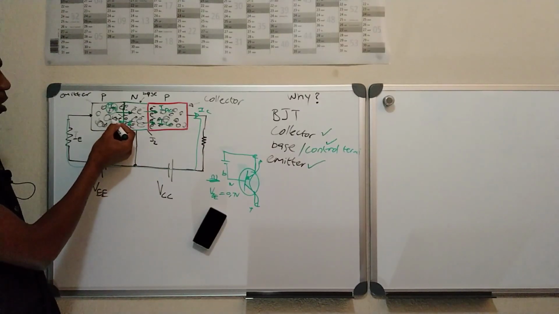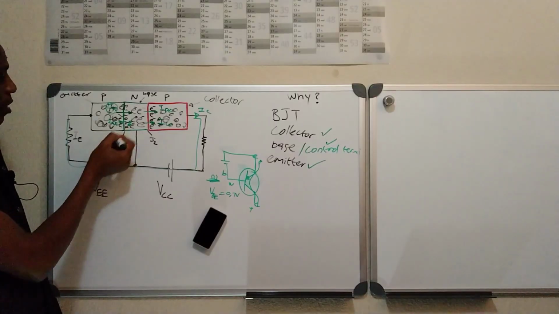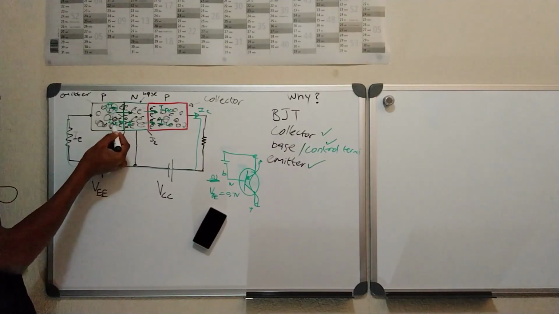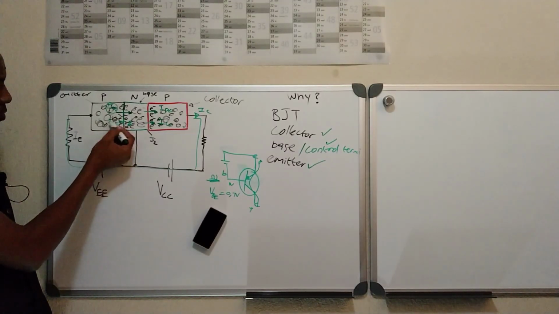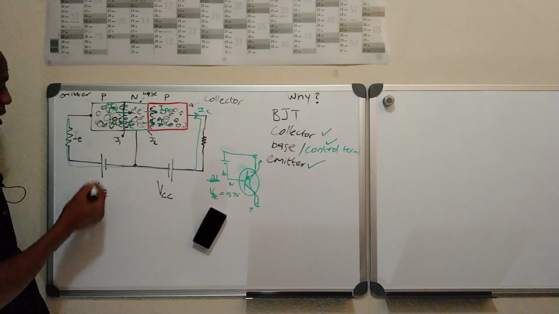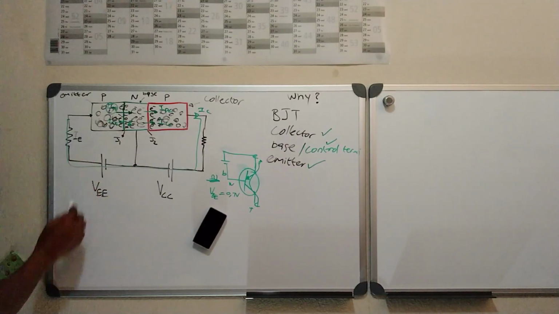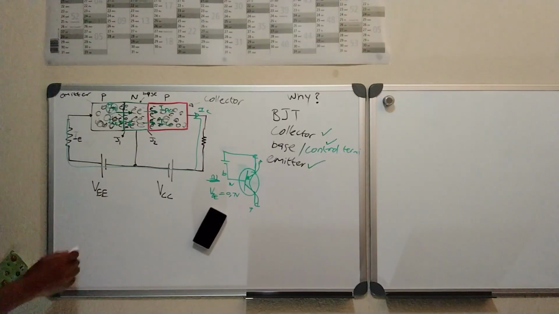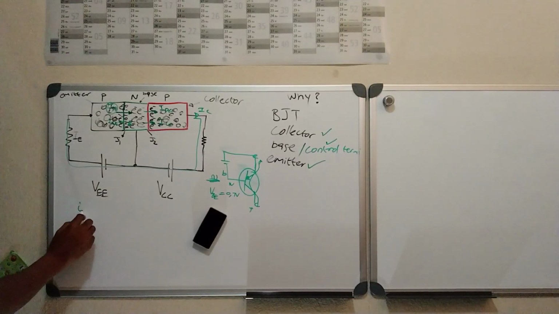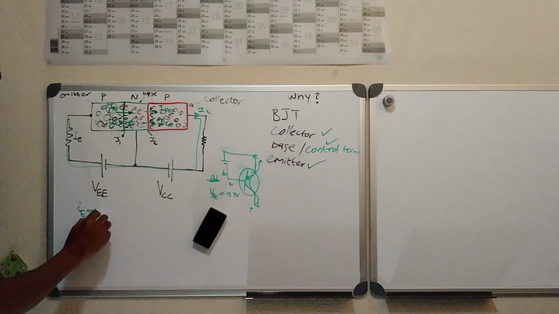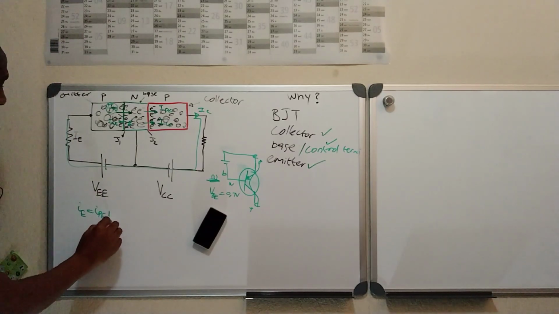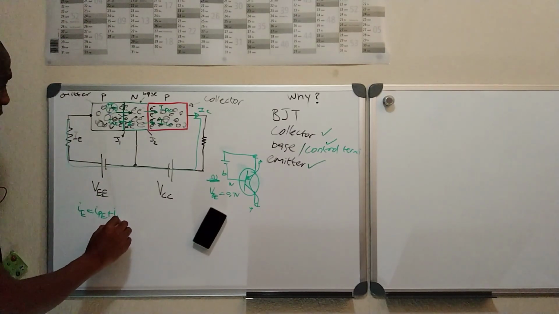We call it INE. N is for negative and E is for the emitter current, and then I is for the current. So the current, or IE, the emitter current, we can write as IE is equal to IPE plus INE.